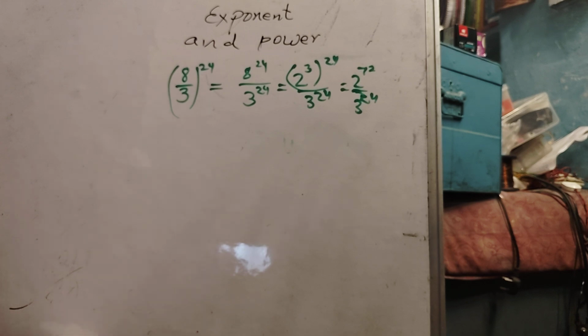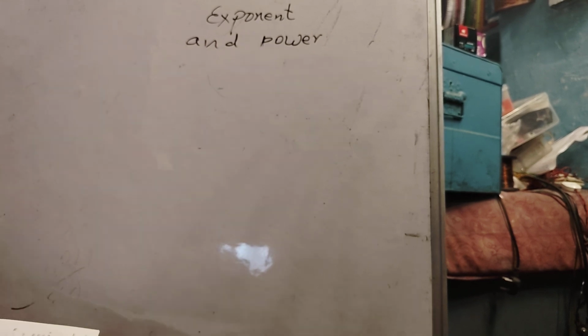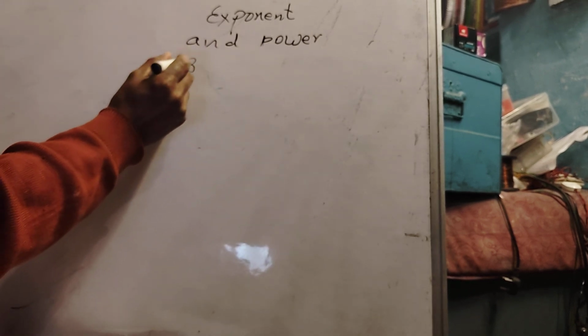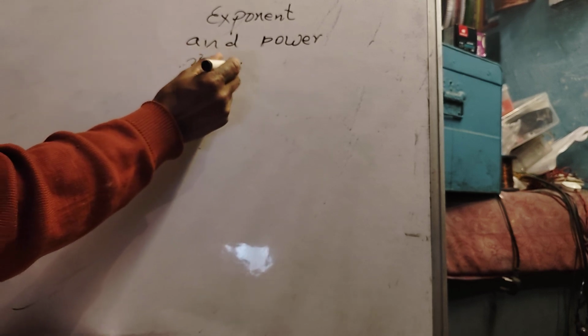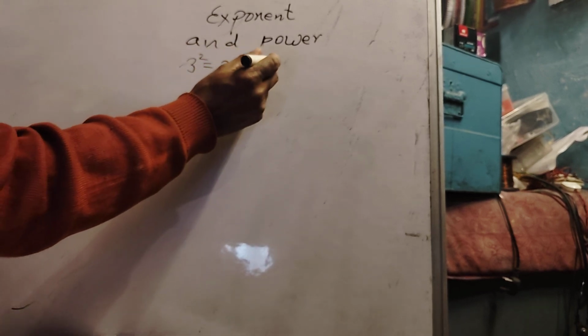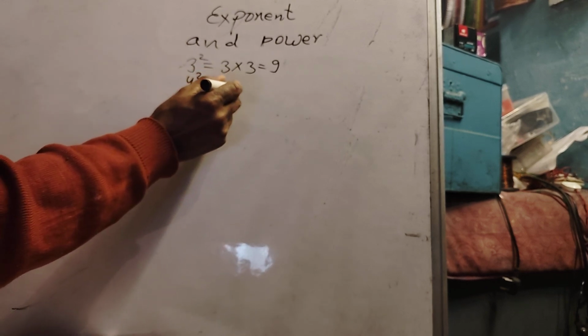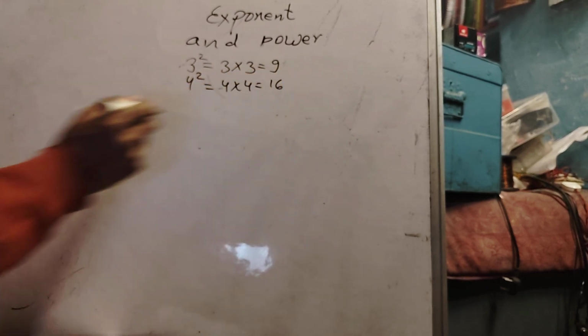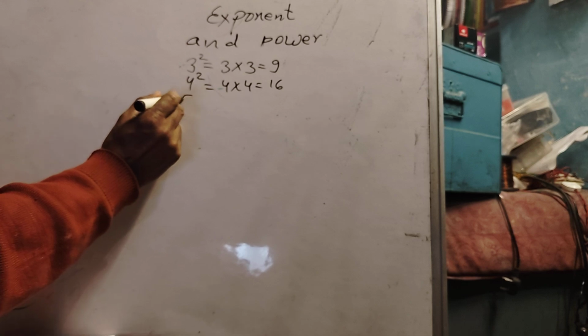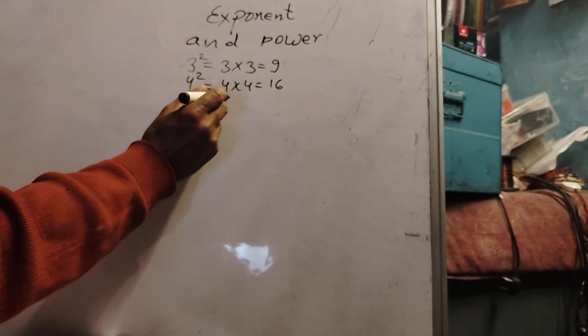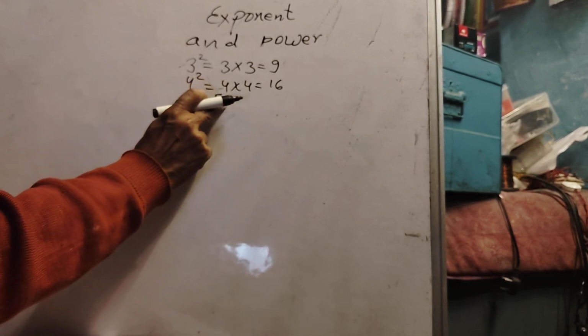Any number that is not a prime number, we convert into prime factors. Okay, next our problem. 3 power 2 is 3 into 3, so we write the base 2 times, which is 9. Similarly, 4 power 2 is 4 into 4, equal to 16. Then 5 power 2 is 25.